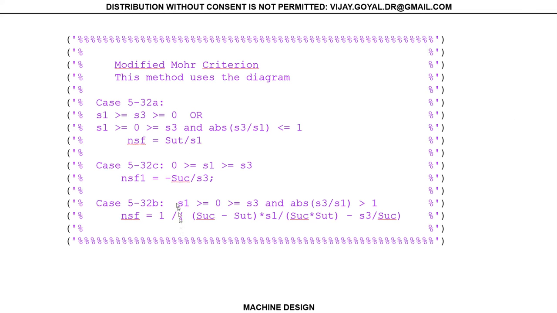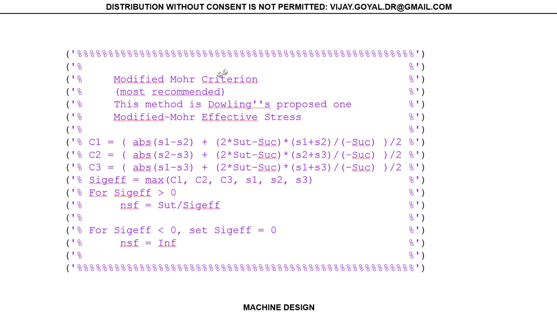There are 2 different formulations for this. The first formulation is the one that your book recommends. However, there's a second formulation for the same problem that your book doesn't discuss, but it's very popular and people use it all the time. It's called using the effective modified Mohr. The effective modified Mohr is nothing else than calling C1 times this quantity here, and the whole thing is divided by 2 C2 C3.